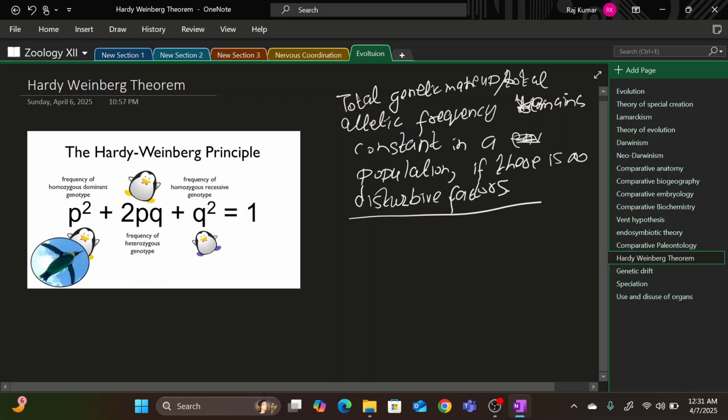If there are no disturbing factors in a population, then the total genetic makeup and total allelic frequency remain constant in a population.